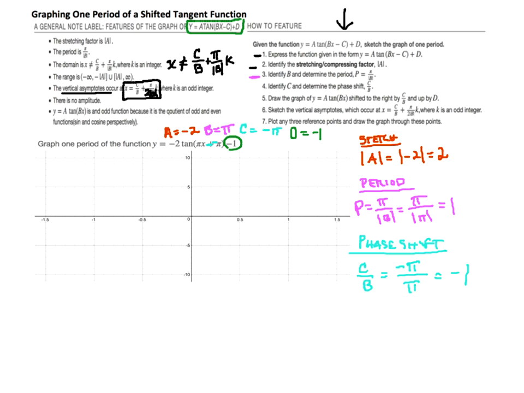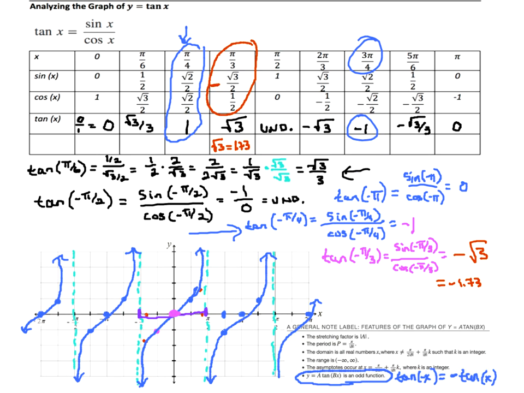Hopefully this will make sense. I'm shifting negative 1 in my horizontal direction, and I'm shifting negative 1 in my vertical direction. Let me go back to our parent form of the tangent function.